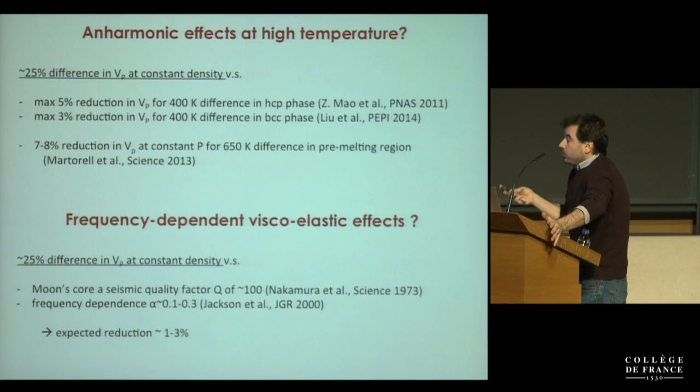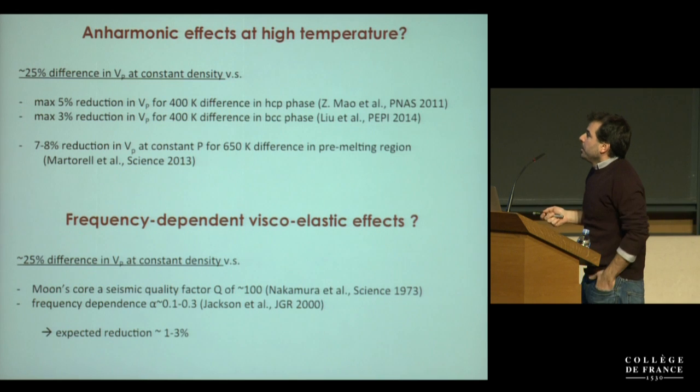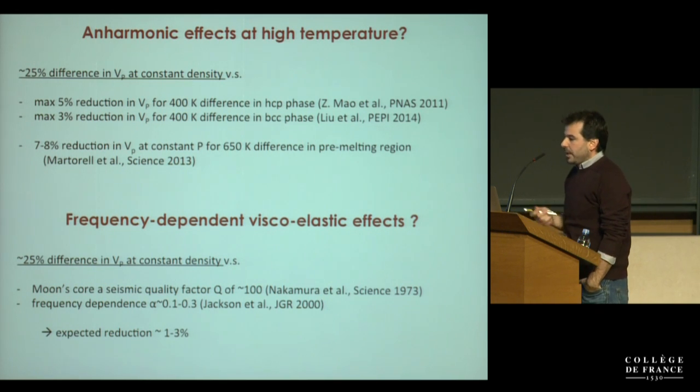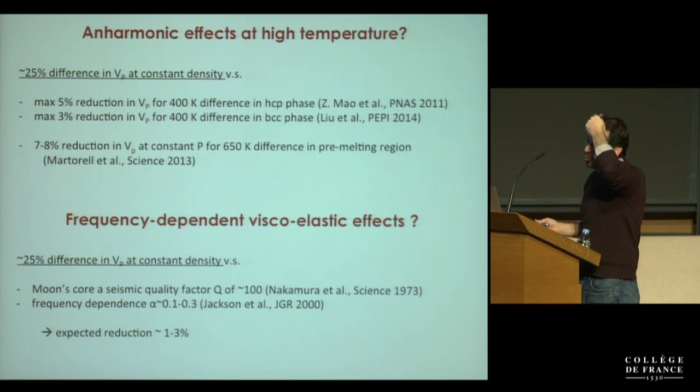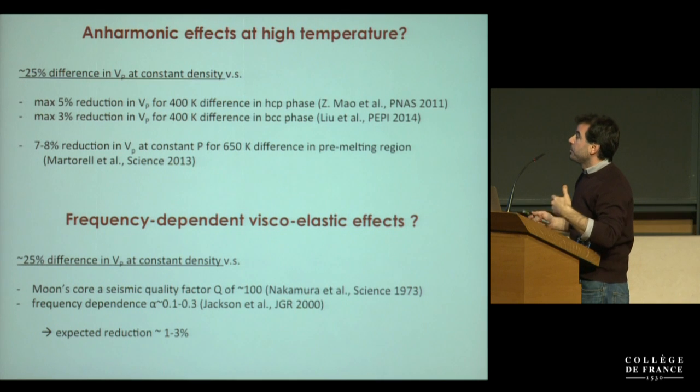Another potential origin of this difference might be the frequency. Seismometers measure on the order of hertz. Here we are measuring at terahertz. So this is something that we might start considering. It's quite complicated, and anelasticity is a tricky business. It depends on pressure and temperature conditions, grain size, stress and strain.